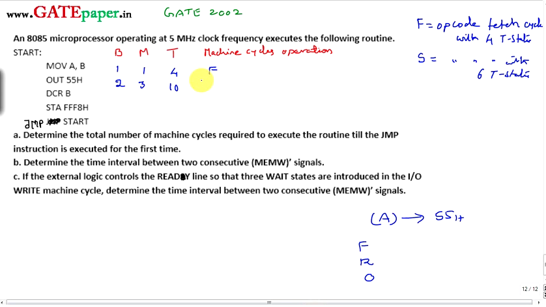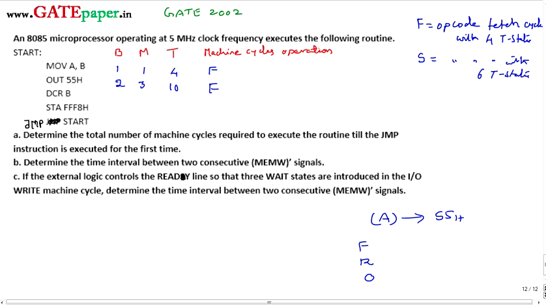So OUT 55H consists of first the opcode fetch. From the opcode fetch, the microprocessor knows what type of operation it has to handle. Afterwards, it has to write the information present in the accumulator to the output port.